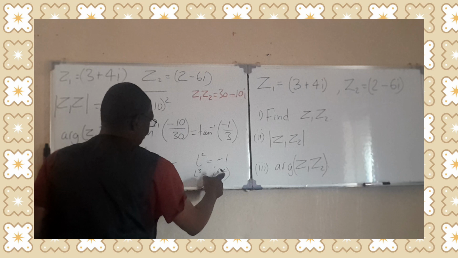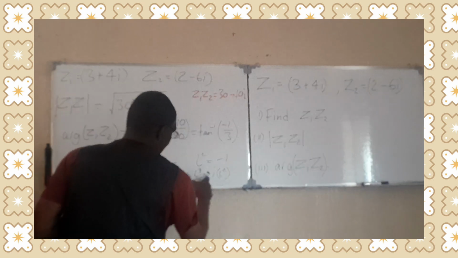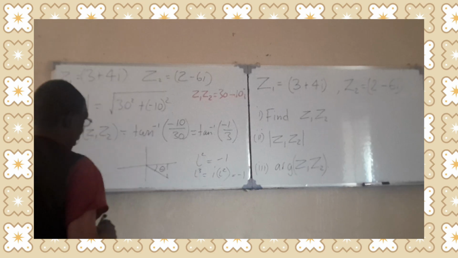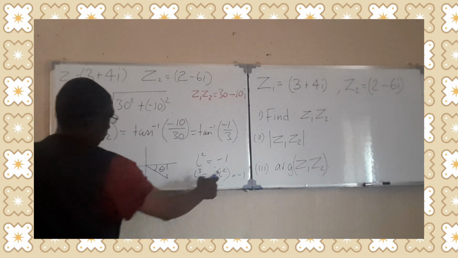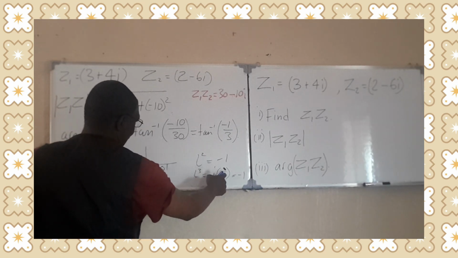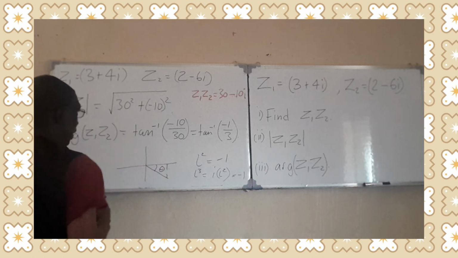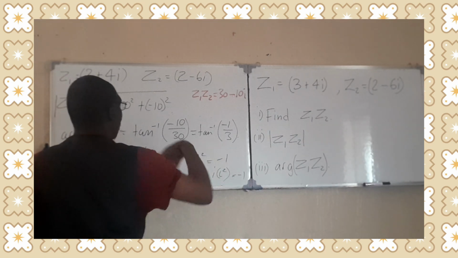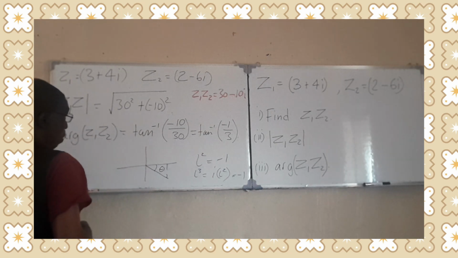But we discovered i squared is equal to minus 1, so this becomes minus i. What is i to the power 4? It will be i squared times i squared, which is minus 1 times minus 1, which is a positive 1. So, starting from i squared equal to minus 1, you can find any power of i.